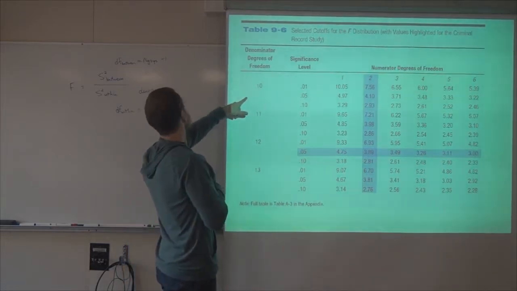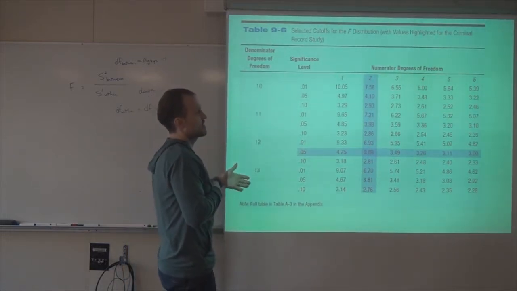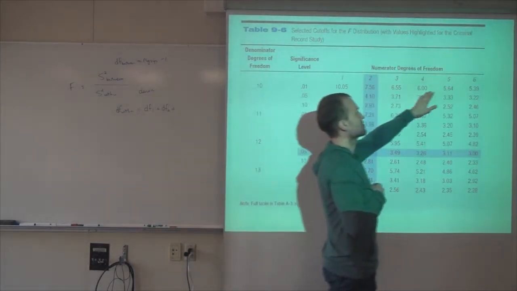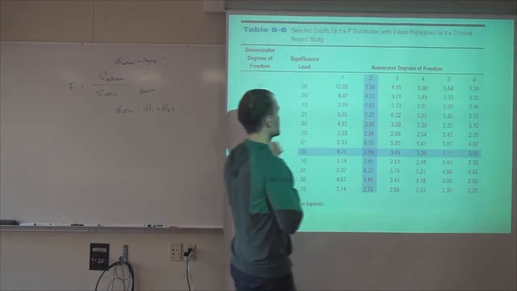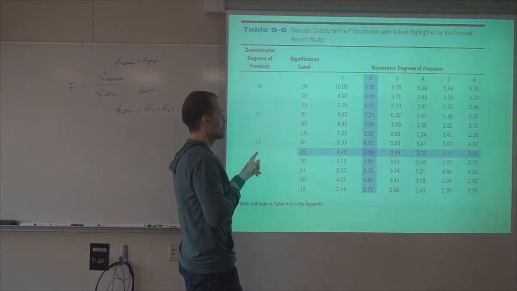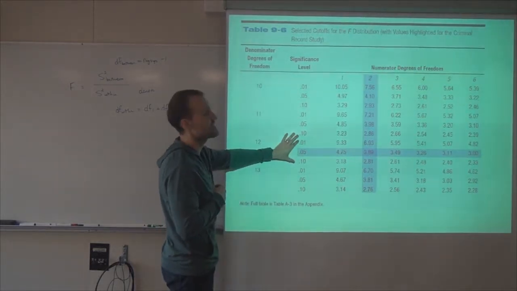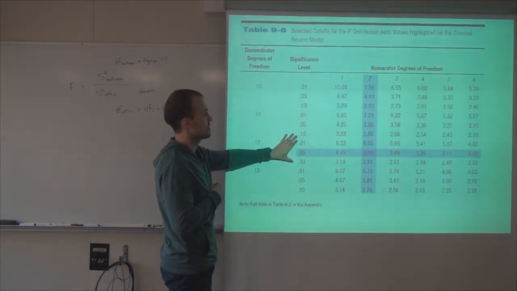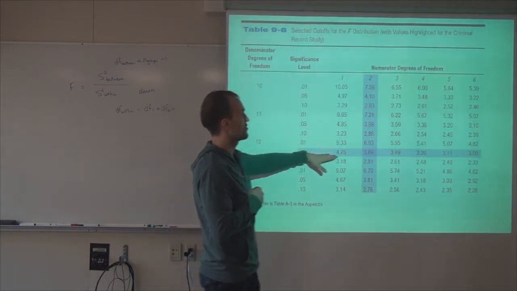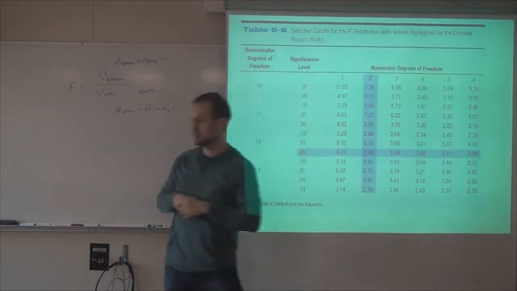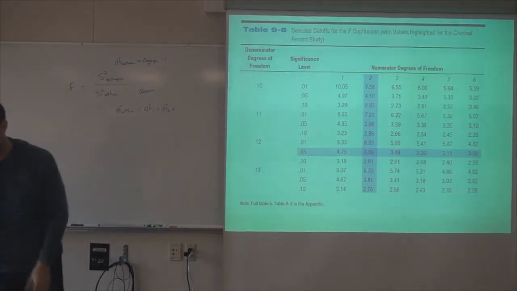The denominator degrees of freedom can vary. The numerator degrees of freedom can vary. Once I have each one, like 2 and 12 for example, I have 3 common alpha values that I'll use to find the corresponding F cutoff value.